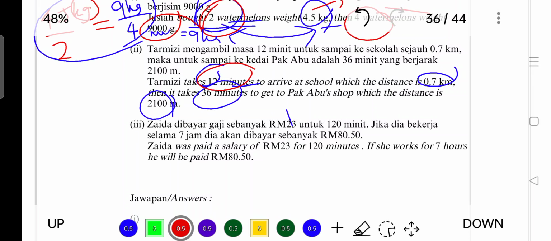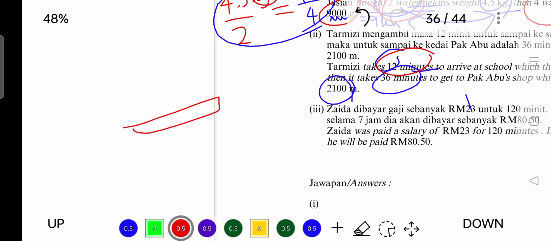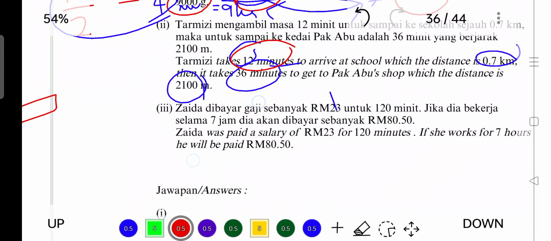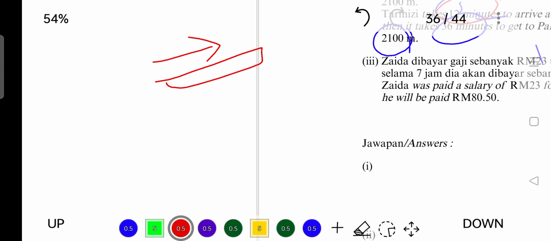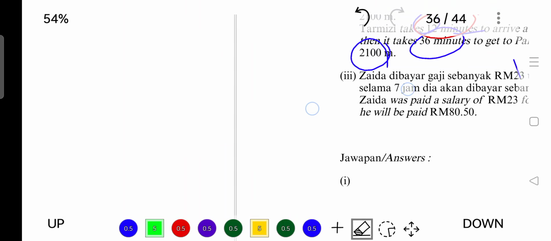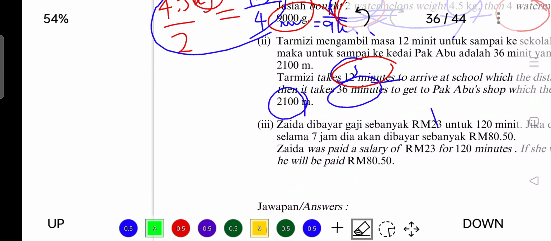For 1 minute, how far can he travel? Unless you want to count like 0.05 kilometers, how many minutes has he traveled? It's difficult. So better for us to take the minute. 1 minute, how much is the distance? 2 minutes, 3 minutes, 4 minutes, like that.